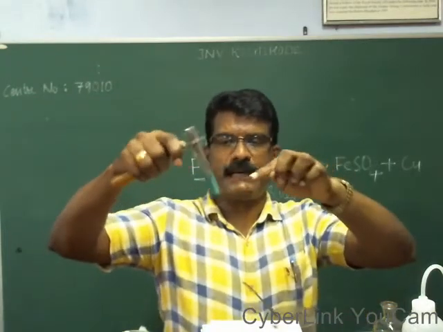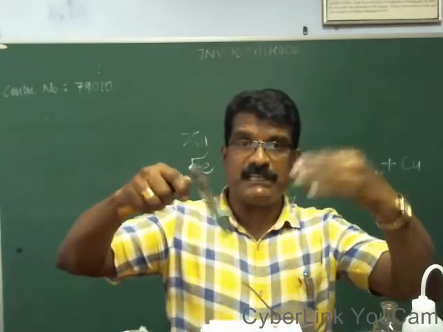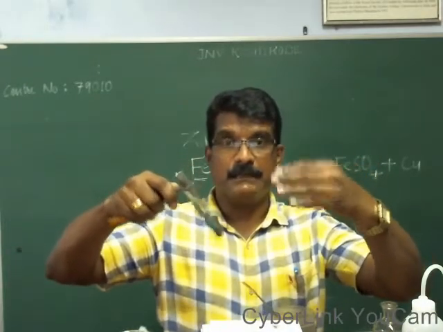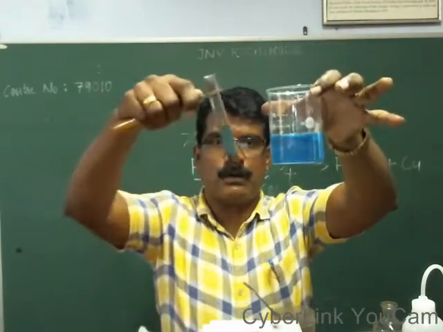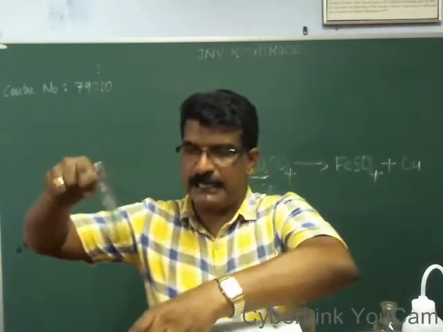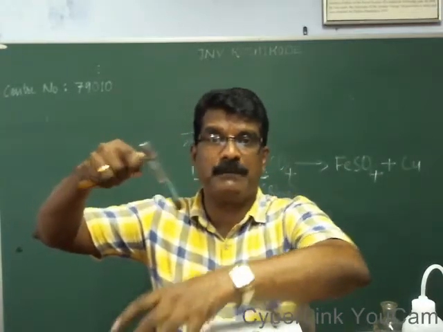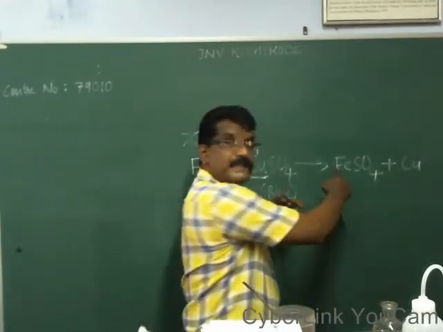See, now you can see the blue color is gradually changing into green. Copper sulfate is blue, now it becomes green. Why does the blue become green? Because iron sulfate is forming.